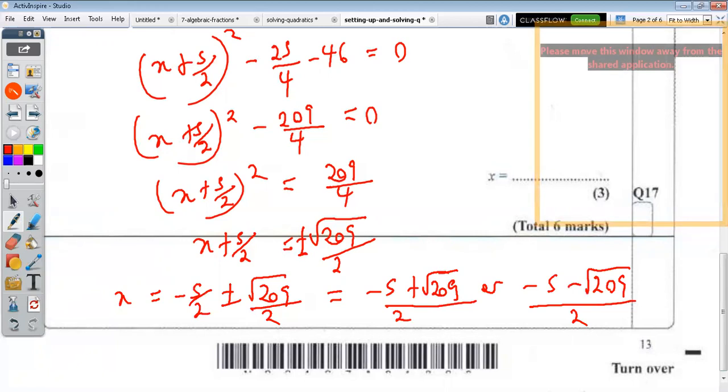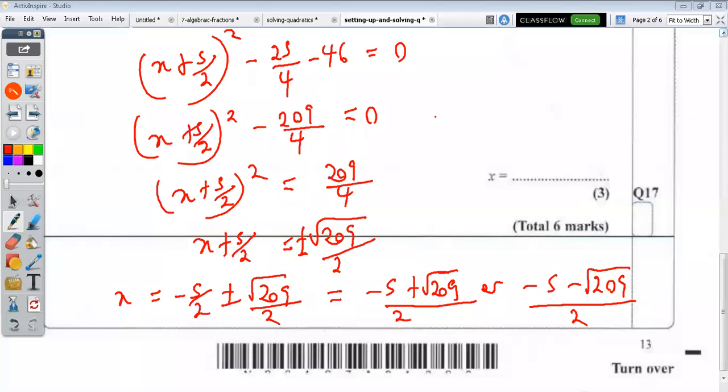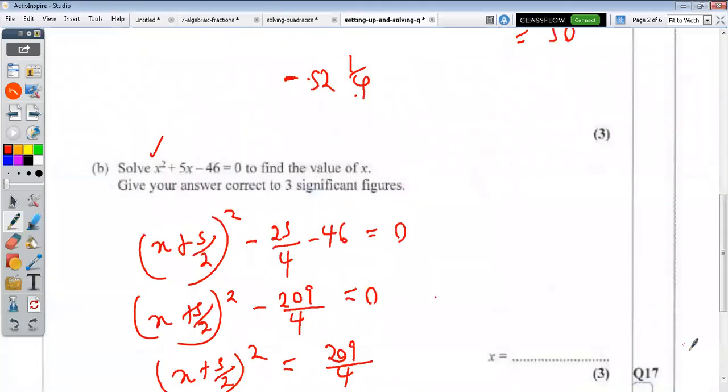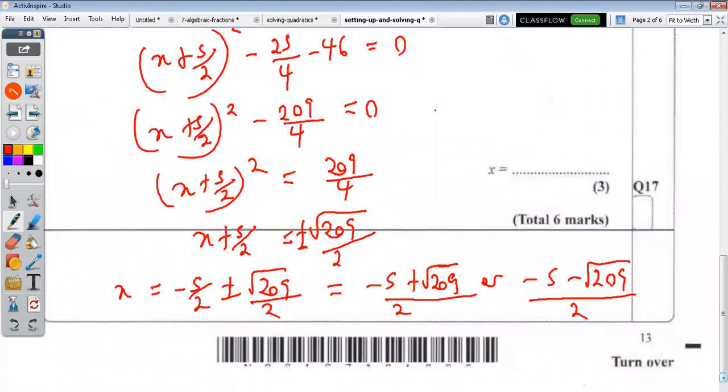Then I play with my calculator because they said the answer to 3 significant figures. Hold on. They wanted the answer to 3 significant figures. So let's do the first one. Minus 5 plus root of 209 divided by 2.